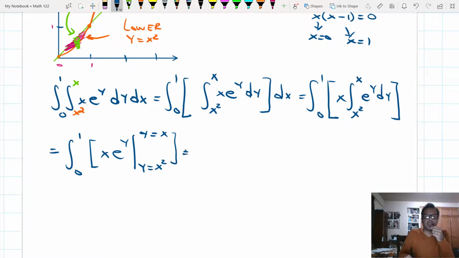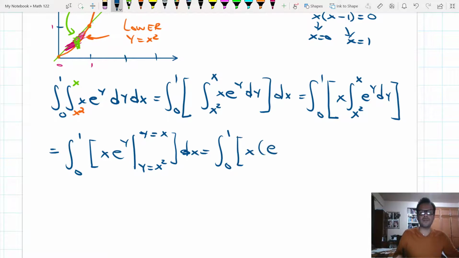So we're going to get the integral from 0 to 1 of x times e to the quantity minus e to the quantity. The first quantity will be x, the upper limit, and then the lower limit will be x squared.